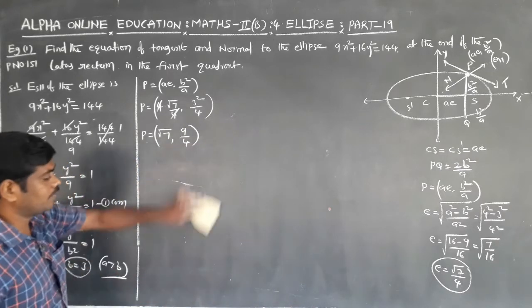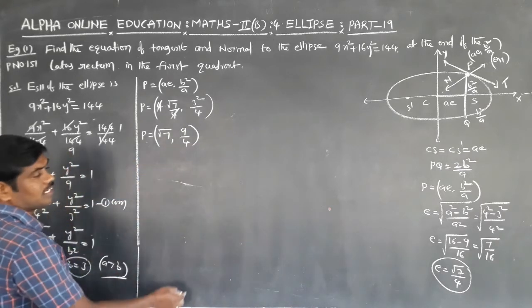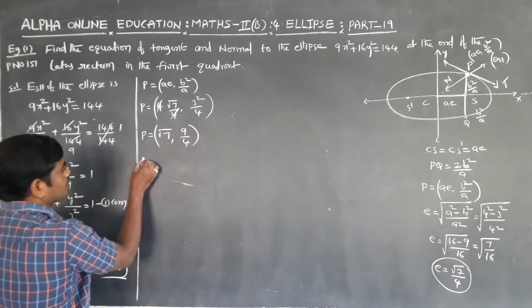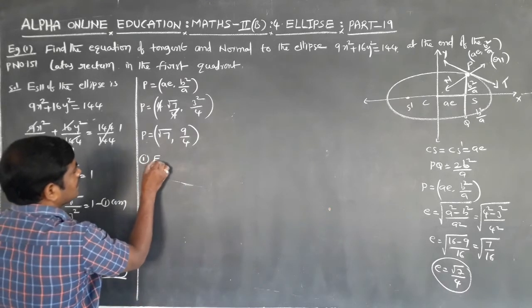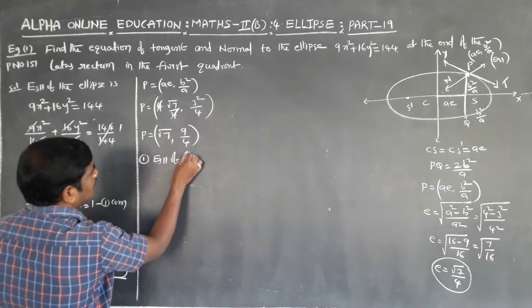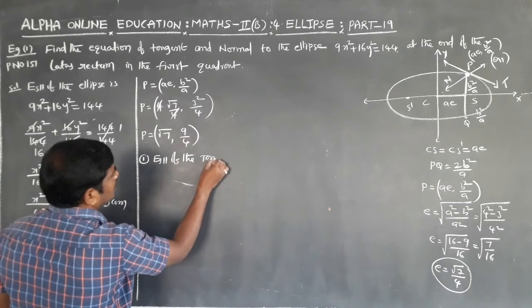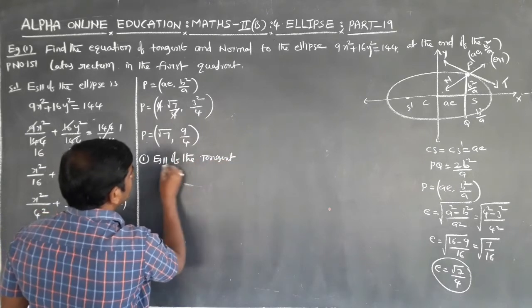So first of all find the equation of the tangent. First one is the equation of the tangent.